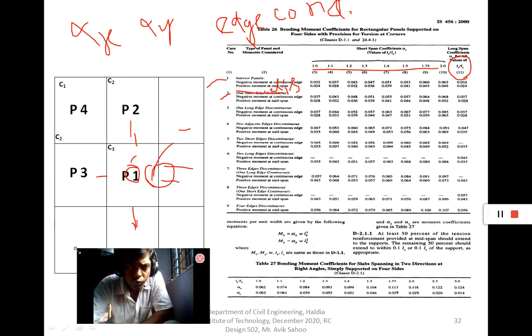Here the floor plan is shown with the different panels. So this panel 2 has one short edge discontinuous. This is a shorter direction edge which is not continuous, discontinuous, where the other three are continuous.